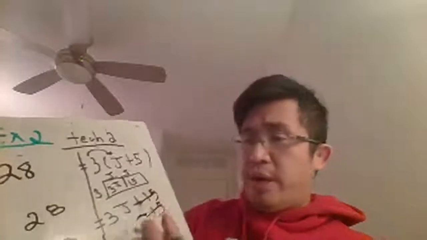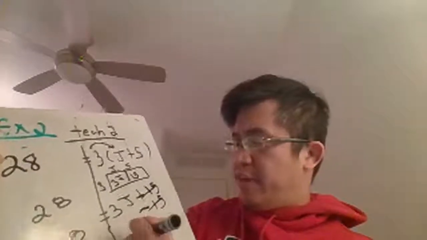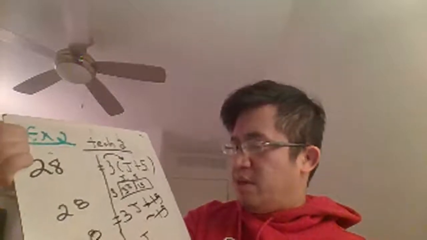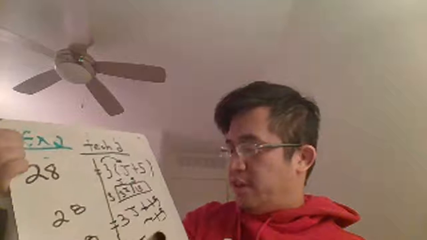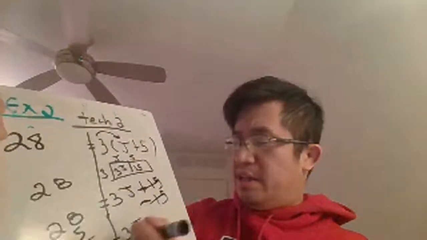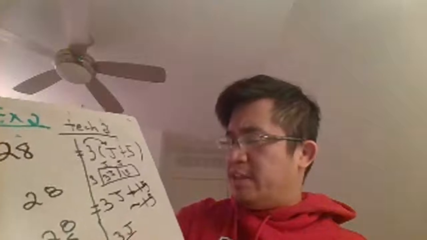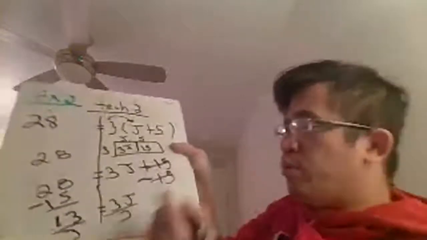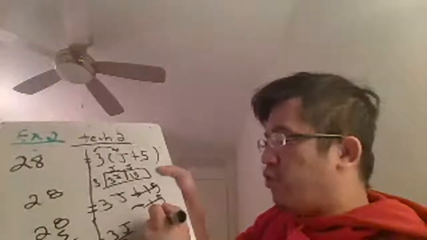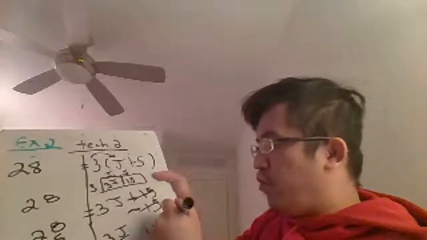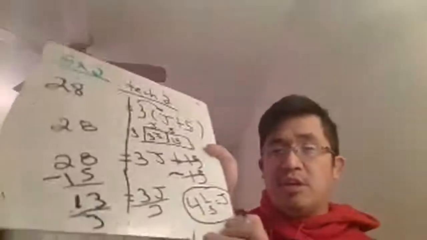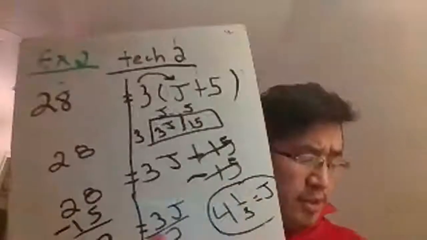The 15s go away, and I've got 3J, and 28 minus 15 will get me 13. 3 is divided on both sides, and what we're going to get is this. 3 goes in the 13 4 times. 4 and 1/3 equals J. So it's the same answer. It's just the first step is a little bit different.